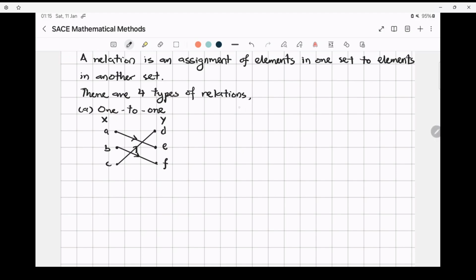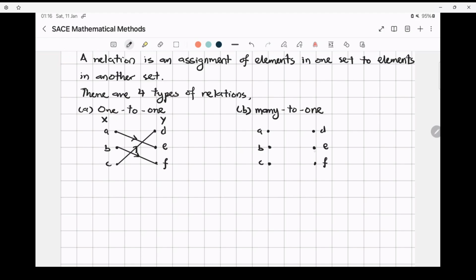The second one will be many-to-one. So let's say you have the same setup a, b, c, d, e, f.